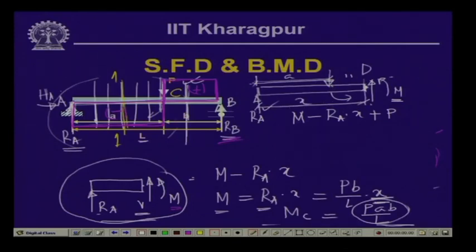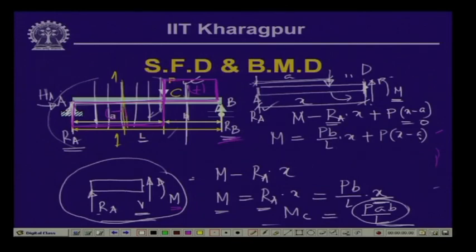So, the distance of this load from this particular point where we are taking moment is x minus a. So, this is P into x minus a. So, this is equal to 0. So, the value of the bending moment m is equal to R A, which we have seen as P B by L times x plus P into x minus a.